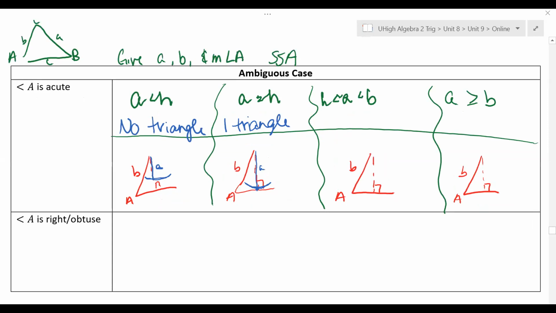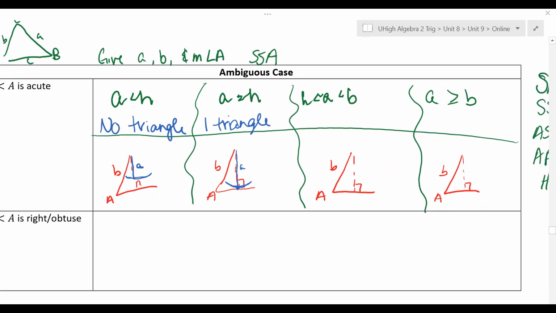If a is between, so it's greater than h but less than b, I'm thinking I need something right in that middle area. If I were to take this and swing it around, I'm going to be able to draw that a line in two different places, because I'm less than my b value and greater than my h value.